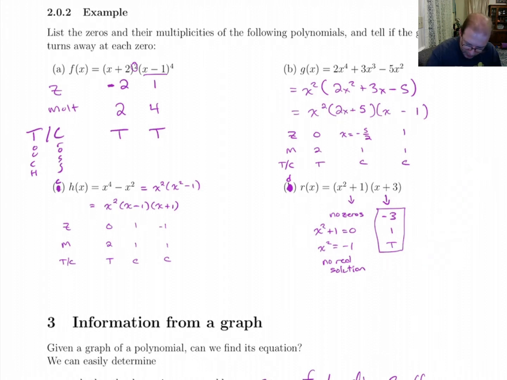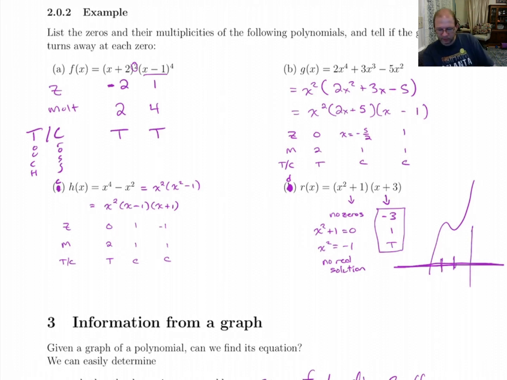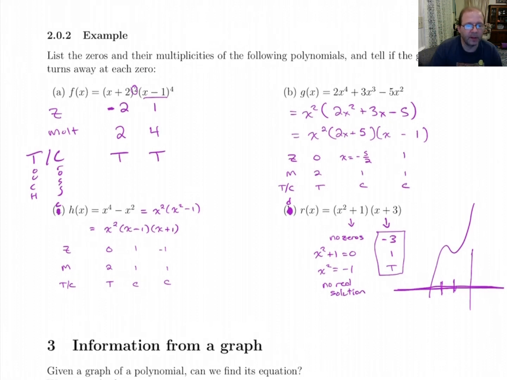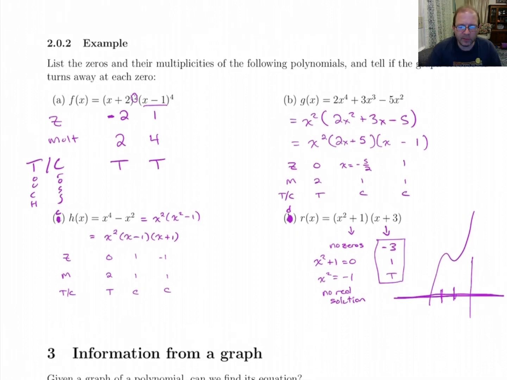My tablet just changed that into a straight line, but it's going to look something like that. And the axis is going to be down here somewhere. So it's going to cross the axis at -3, and that's the only place it's going to cross. All right, so I think we'll stop here.